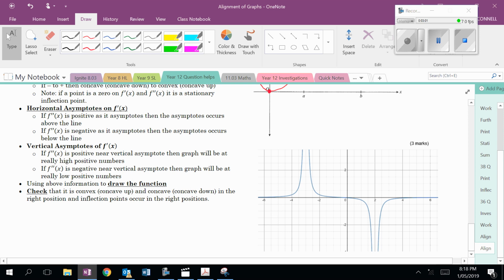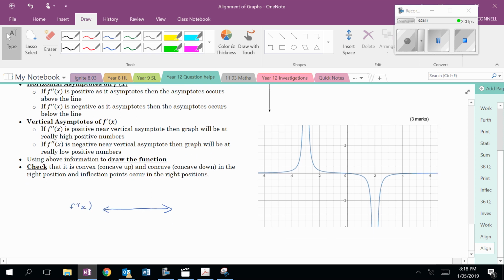Now for asymptotes, well, again, let's start by drawing first and second derivatives. So f dash of x and f double dash of x. Now f dash of x does have a 0 at about a half, or minus a half it should be.